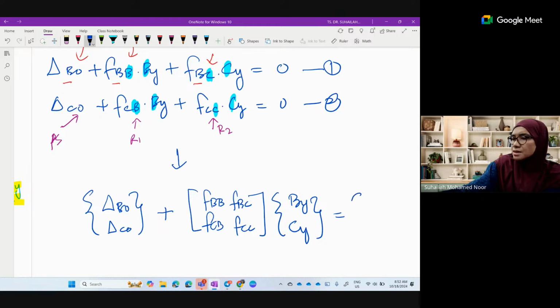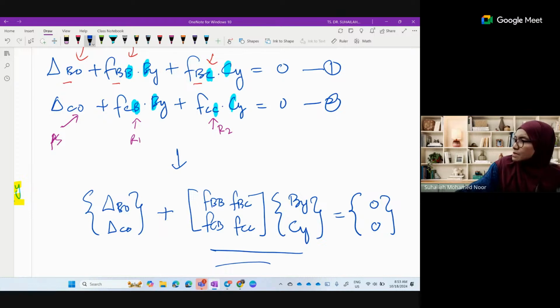And when there is no support settlement, this equation equals to 0. So yang ni format compatibility equation for two redundant, kita pakai yang bawah ni. Okay, yang atas tu just the derivation. Cuba check balik. FBB kali BY, betul tak? FBC kali CY. Kalau kita kembang balik yang ni dapat sama atas kan? Okay.